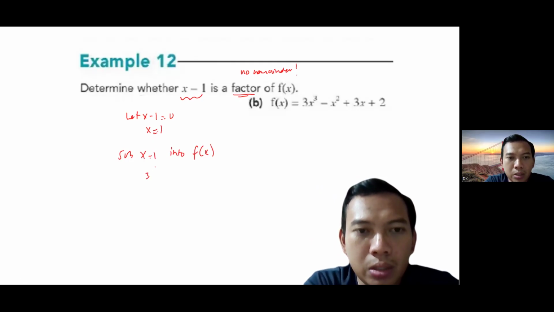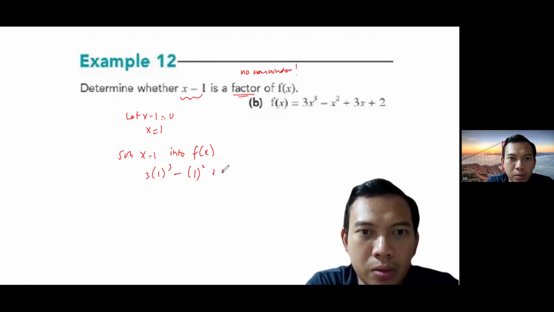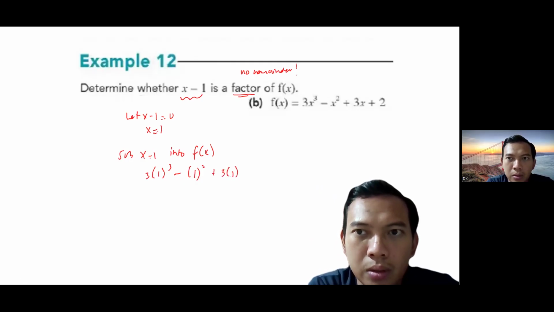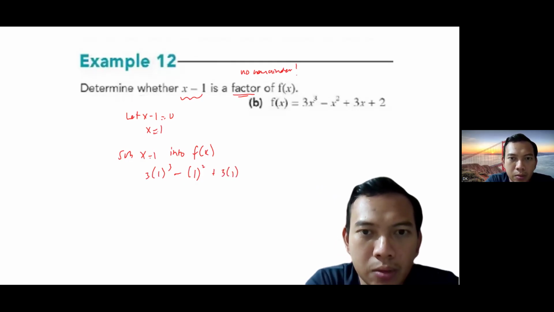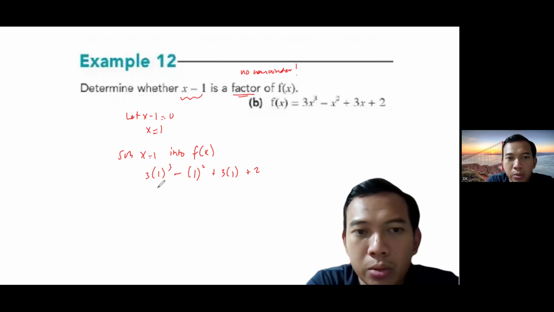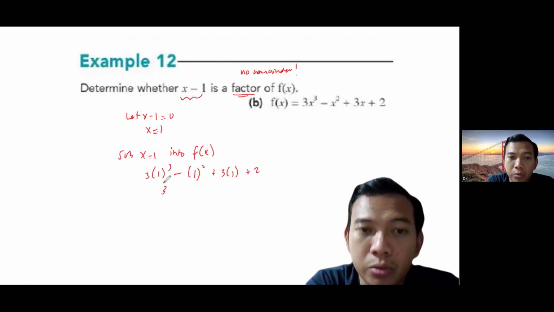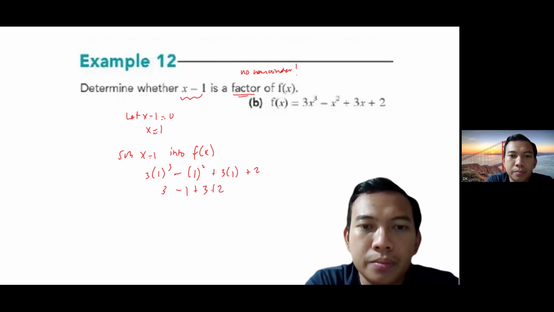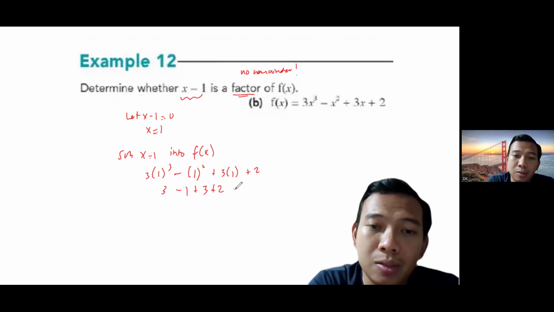So 3 times 1 cubed minus 1 squared plus 3 times 1 plus 2. 1 cubed is still 1, so times 3 you get 3, plus 1, plus 3, plus 2. 3 minus 1 is 2, 2 plus 3 is 5, plus 5 plus 2 is 7.